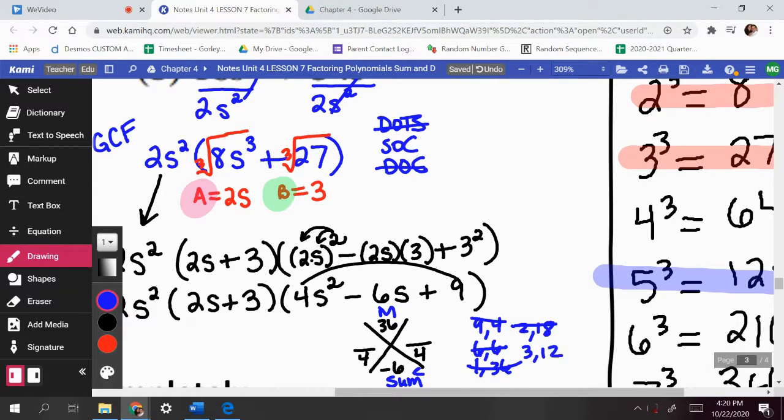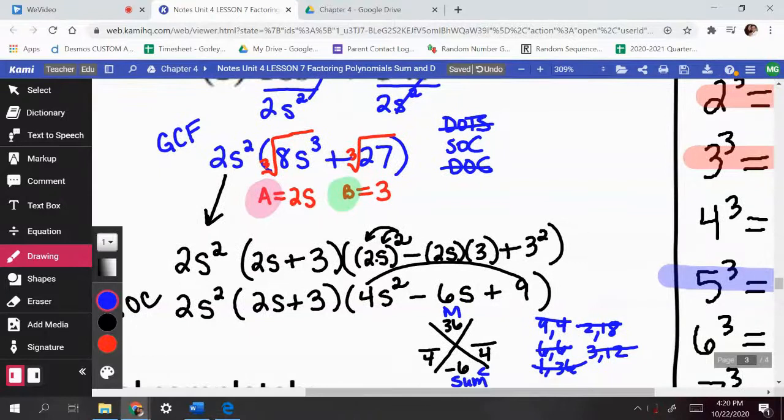Could that work? No. 36 divided by 4 was 9. We already listed that. 36 divided by 5 is a decimal. 36 divided by 6 is 6. We already used that. I'm kind of out of options here, guys. So this is not factorable.